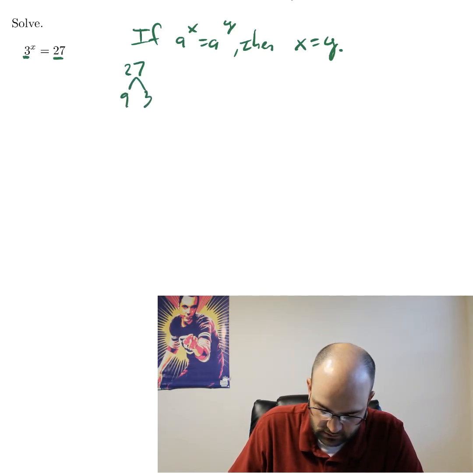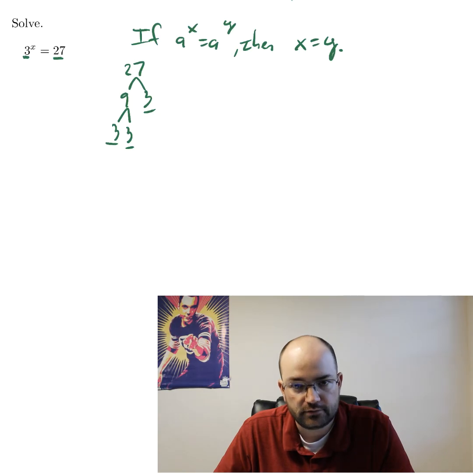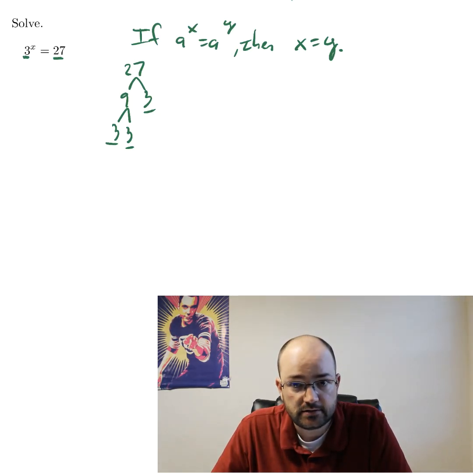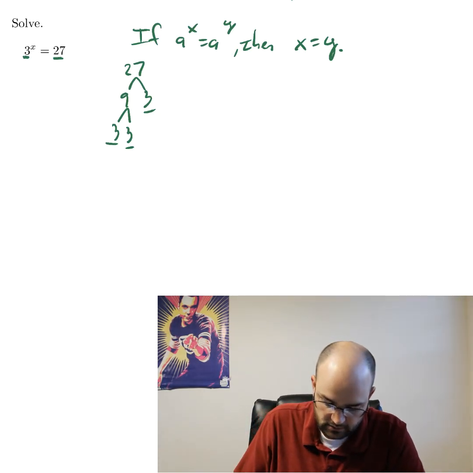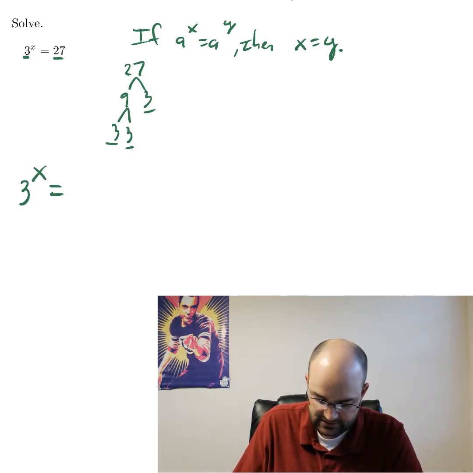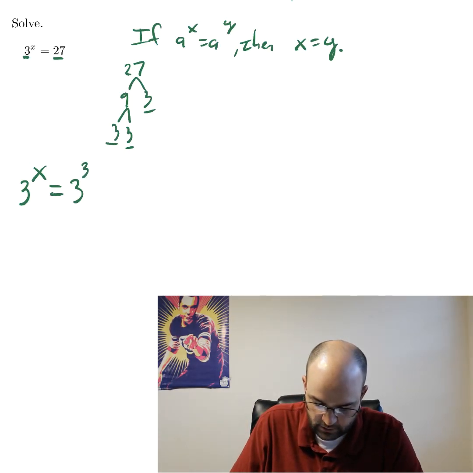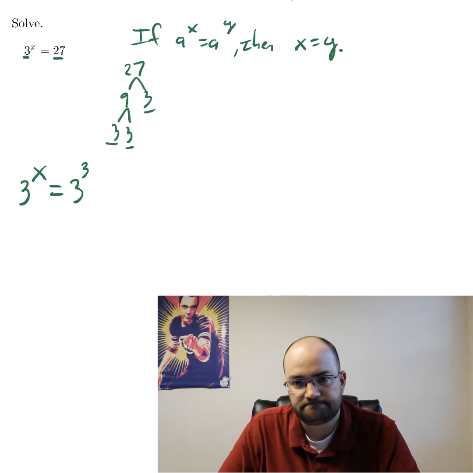I get 9 times 3 and 3 times 3 from that. Notice that every single prime at the end is 3, right? And how many 3's? 3 of them. So I can rewrite 3 to the x equals 27 as 3 to the x equals 3 to the third power. These are the primes. That's how many times they occur.